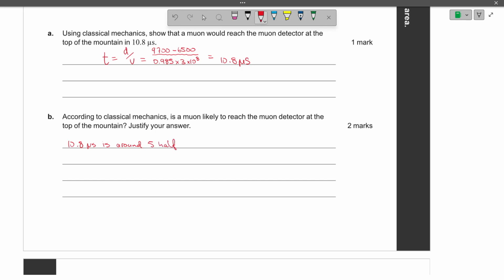I don't think we have to be very precise here. Is a muon likely to reach the detector at the top of the mountain? Justify your answer.